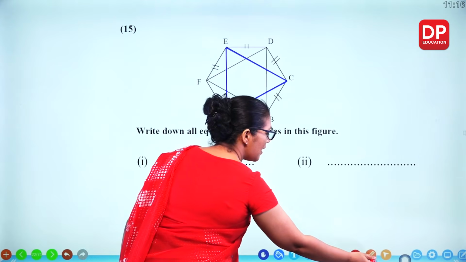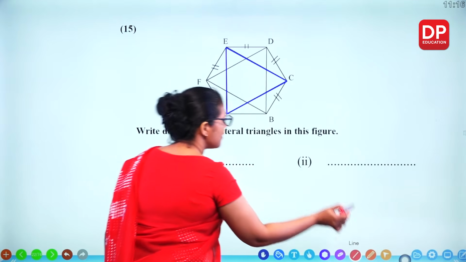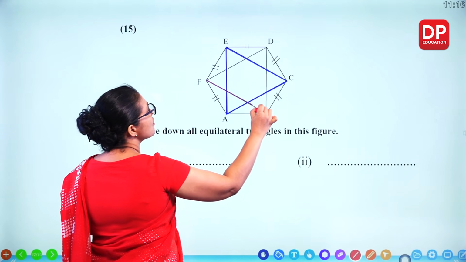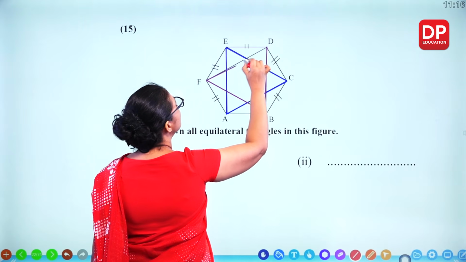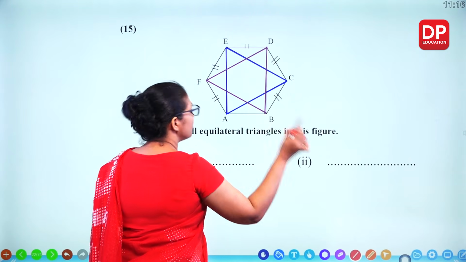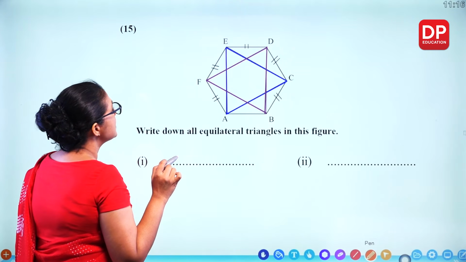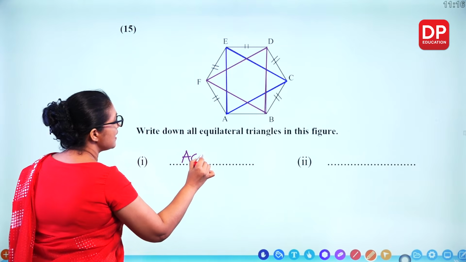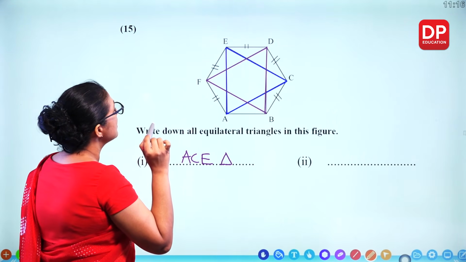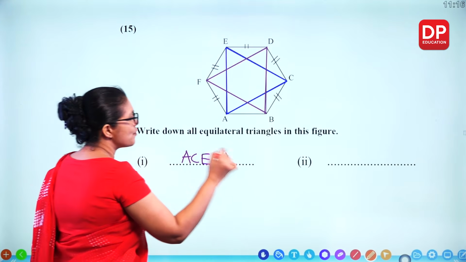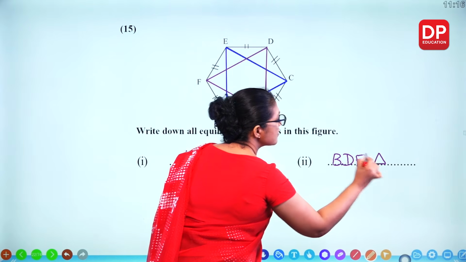And I can show you with this one also. This one is an equilateral triangle. So what are those? ACE triangle and BDF triangle. Those are also equilateral triangles.